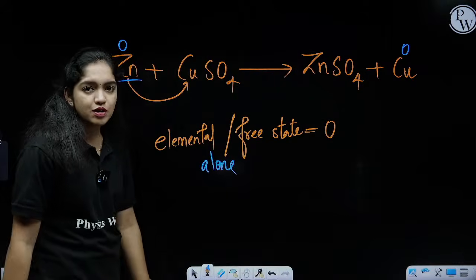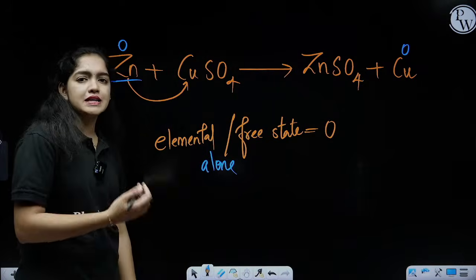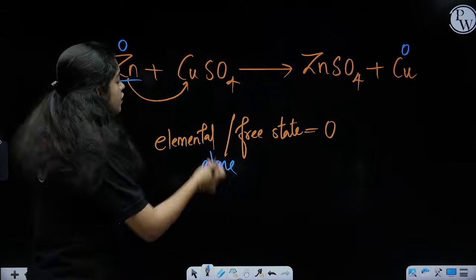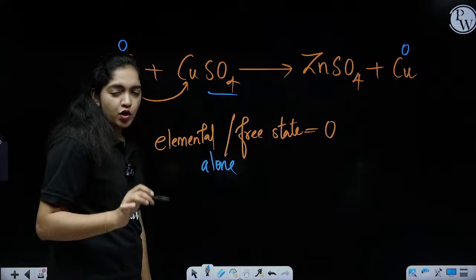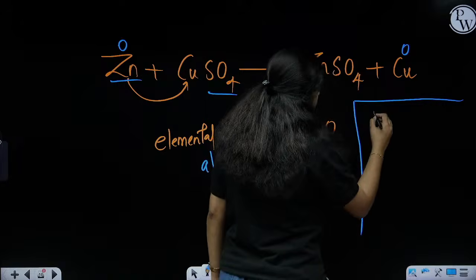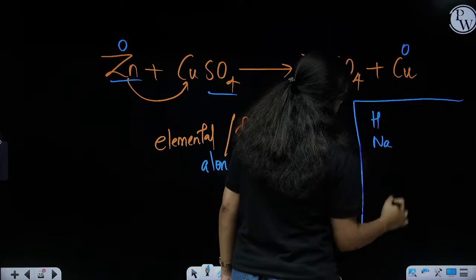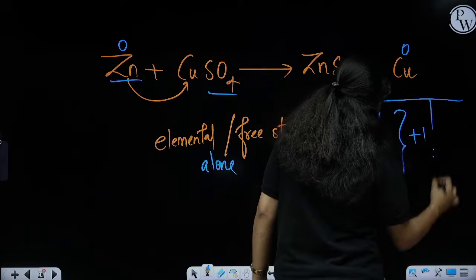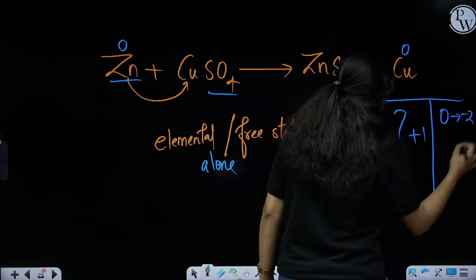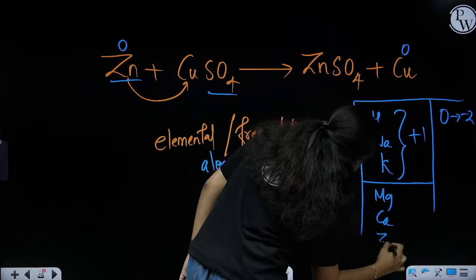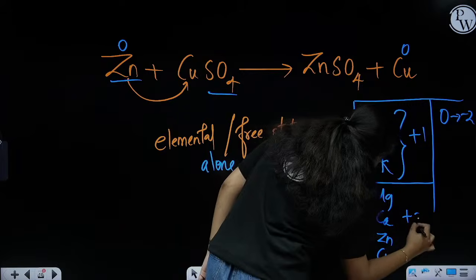We know how to calculate the oxidation state, right? What is the most commonly shown oxidation state of copper, sulfur, oxygen? SO4 we know. What is the charge of SO4? If you don't know, learn the charges of the main groups. I will write here the main charges. Hydrogen, sodium, potassium show +1. Oxygen shows -2. Magnesium, calcium, zinc, copper show +2.